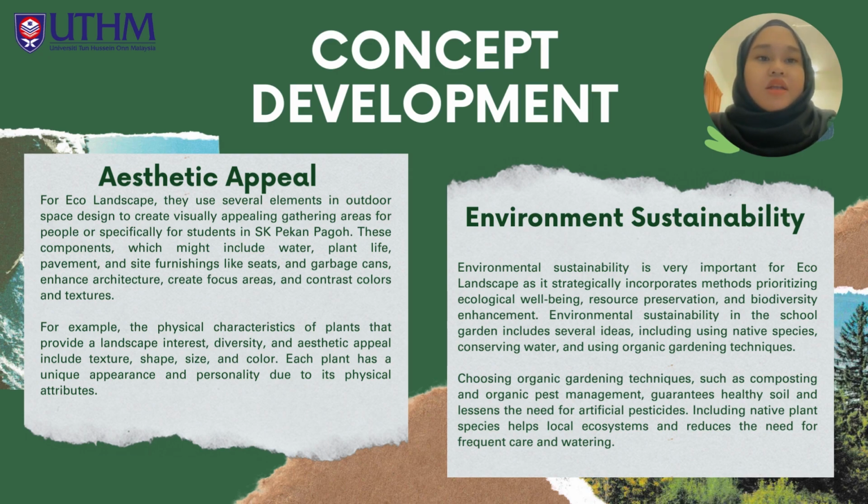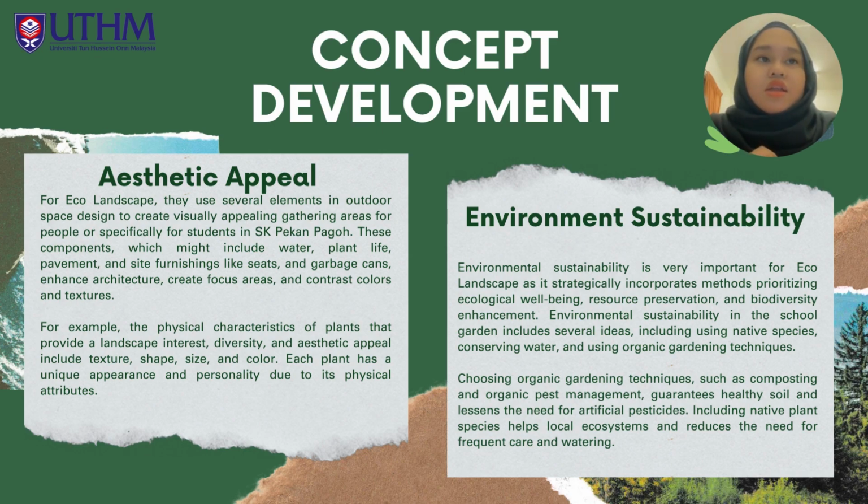Second, environmental sustainability. It is very important for eco-landscape as it strategically incorporates methods prioritizing ecological well-being, resource preservation, and biodiversity enhancement. Environmental sustainability in the school garden includes several ideas, including using native species, conserving water, and using organic gardening techniques.